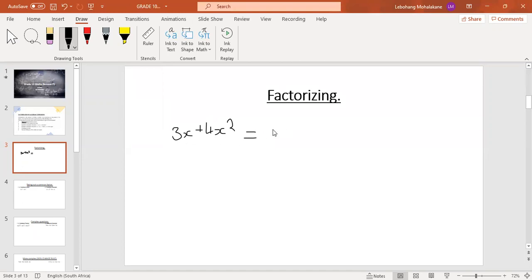The common factor right here is x, so x into (3 plus 4x). Fine, and this is a form of factorizing.